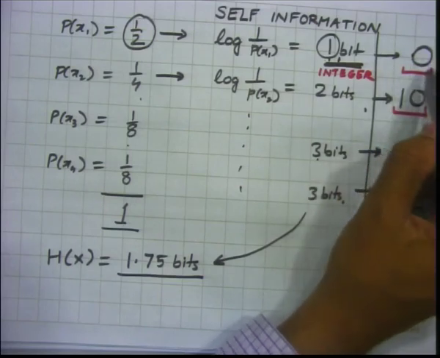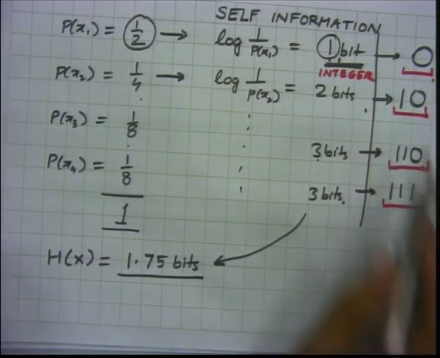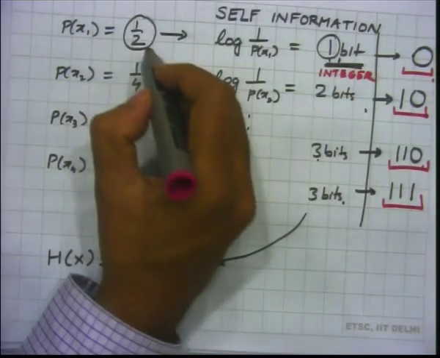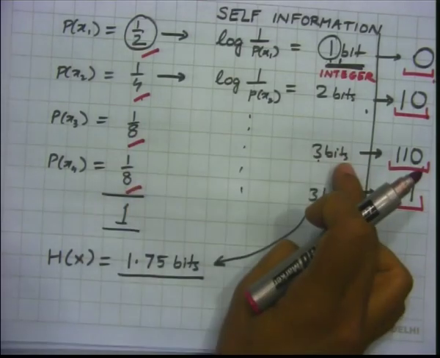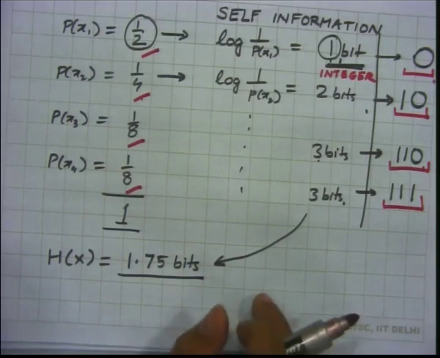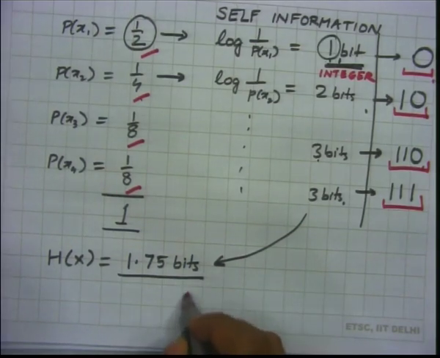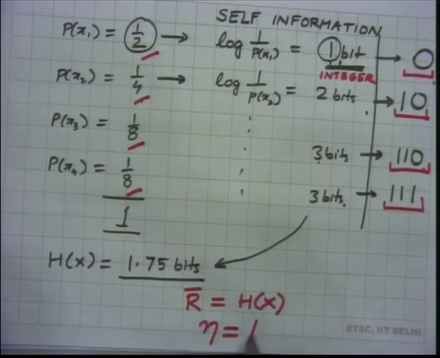The code word length has to be an integer: 1, 2, 3, 3 and so on. Therefore, because of these very unique choices of probabilities which have the self information being integers, I have been able to achieve the lower bound, where R bar is equal to H of x and efficiency equal to 1. This is important to see where we are. In most of the cases we will be far away from H of x.